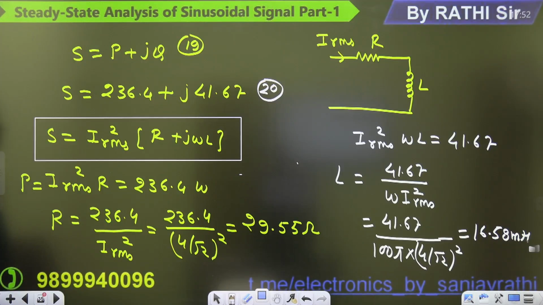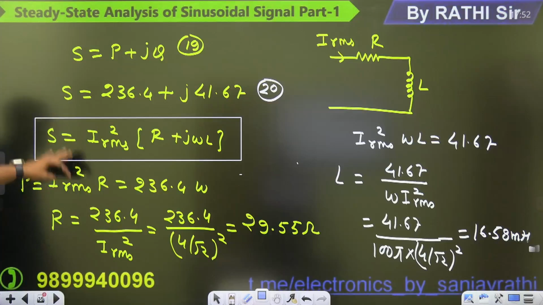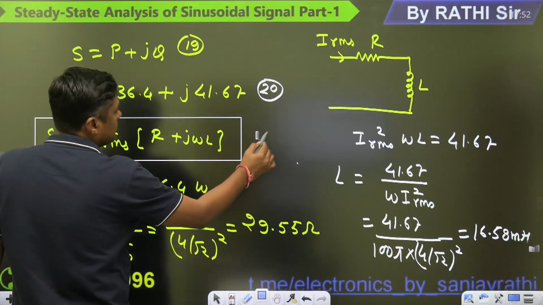If there is any other method? Is it clear, everyone? Up to this point, any doubt, then please tell me. So this is the power 21. We are just comparing.